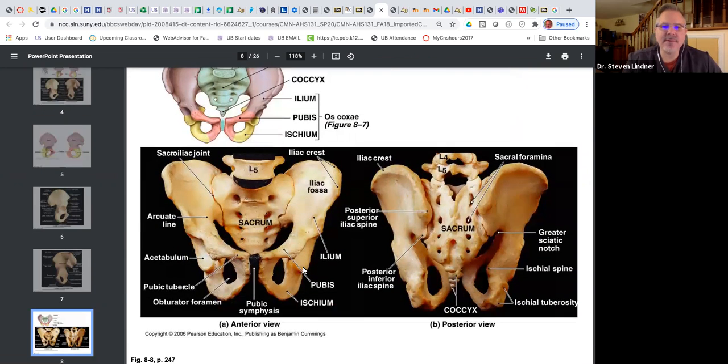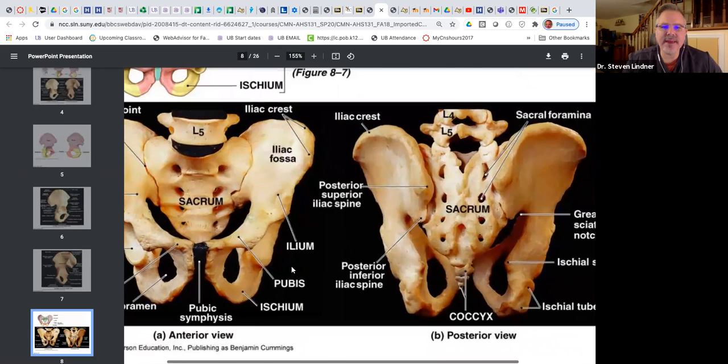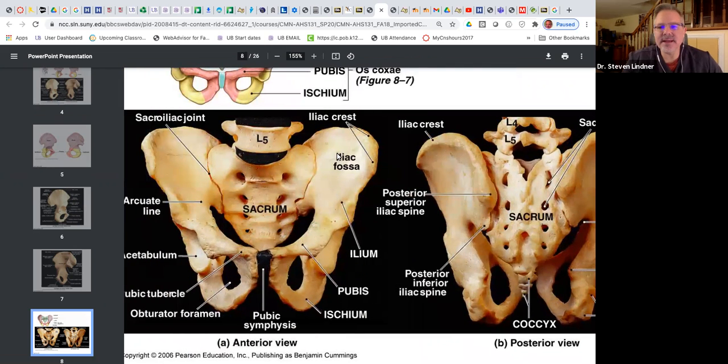When we look at it from the front view and we bring it together, now you can see when I talked about looking at it from the lateral view, which would be here, or looking at it from the medial view, looking inside out, the inside surface is very smooth. That's the iliac fossa. The significance of this iliac fossa is that this is where the iliacus muscle originates.